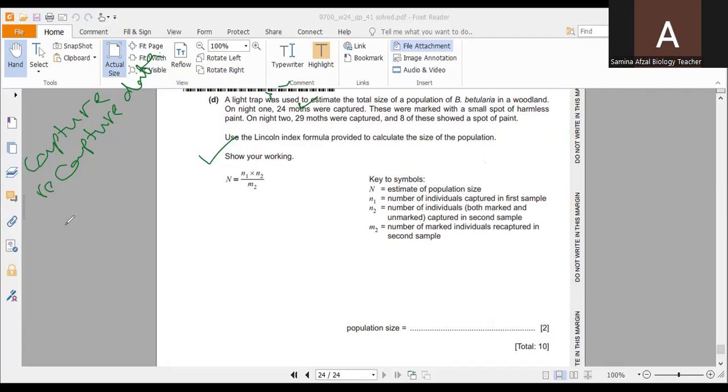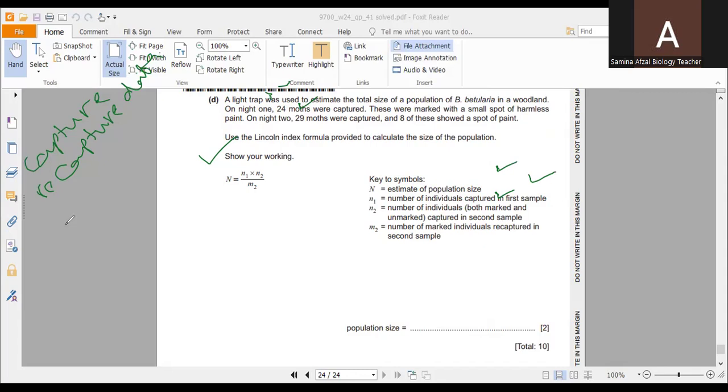So here the key to symbols: capital N, estimate of population size; N1, number of individuals captured in the first sample; N2, number of individuals captured, both marked and unmarked, in the second sample; and M2, number of marked individuals recaptured in the second sample.